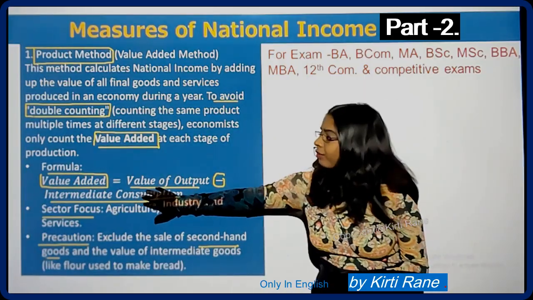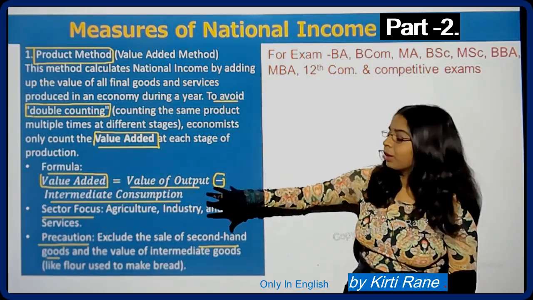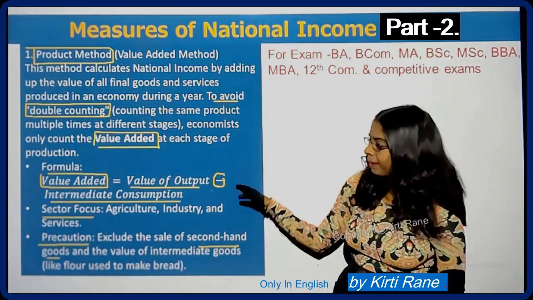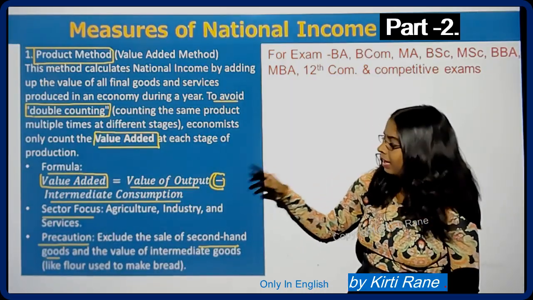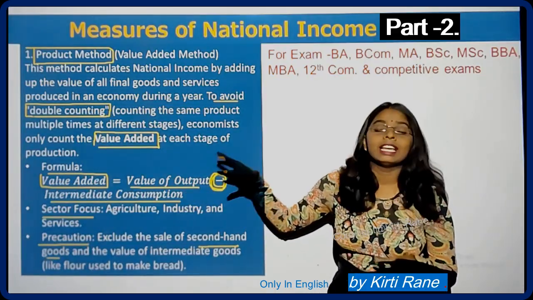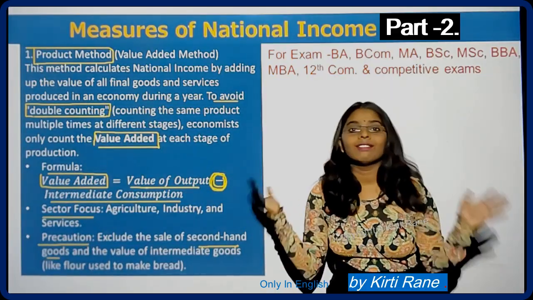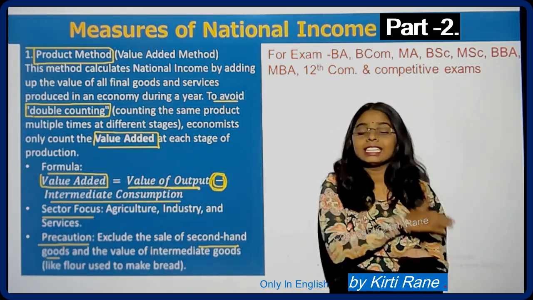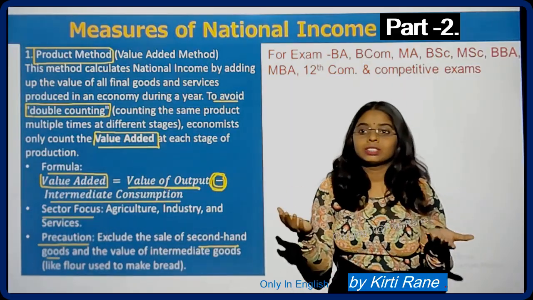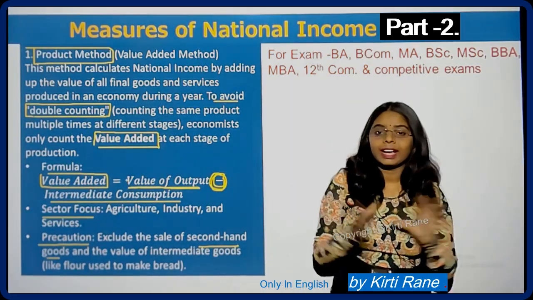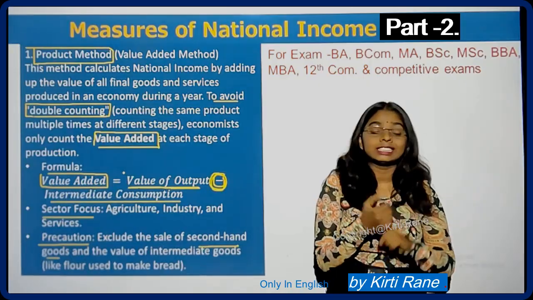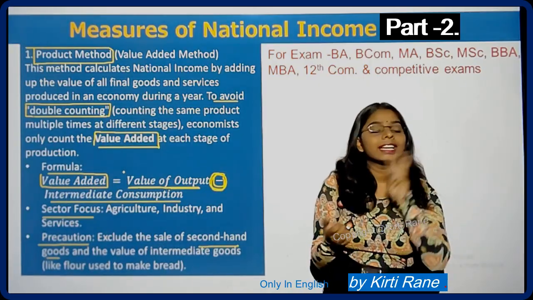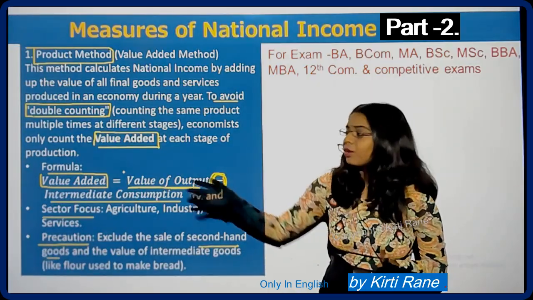Now this was the main formula. The value added would be equal to the value of output minus intermediate consumption. Now what is the value of output? If we look at it in detail, the value of output would be equal to the sales plus change in stock. Okay, so what is the total final formula? Sales plus change in stock minus intermediate consumption would be the value added.